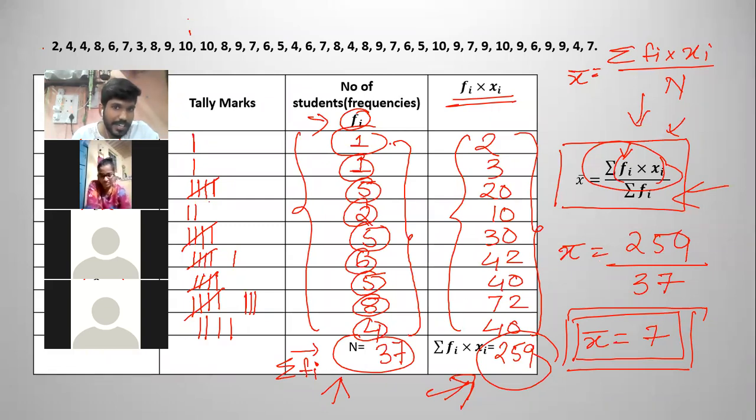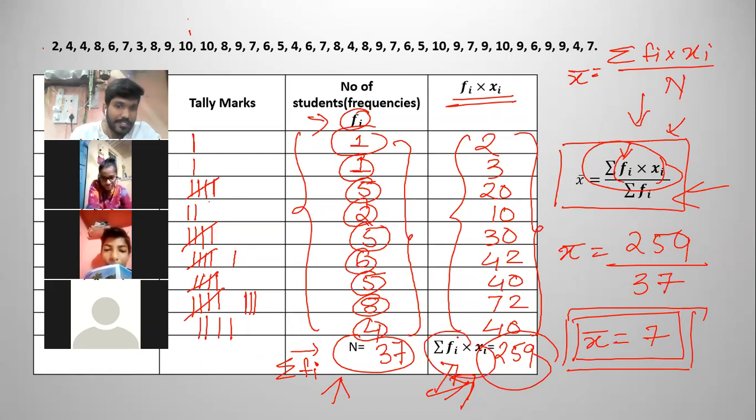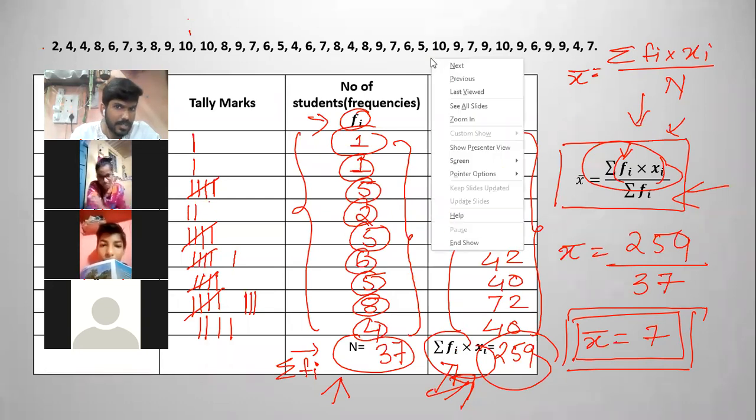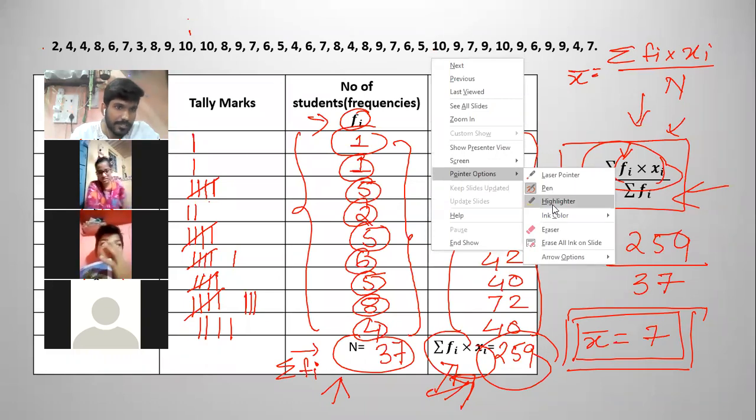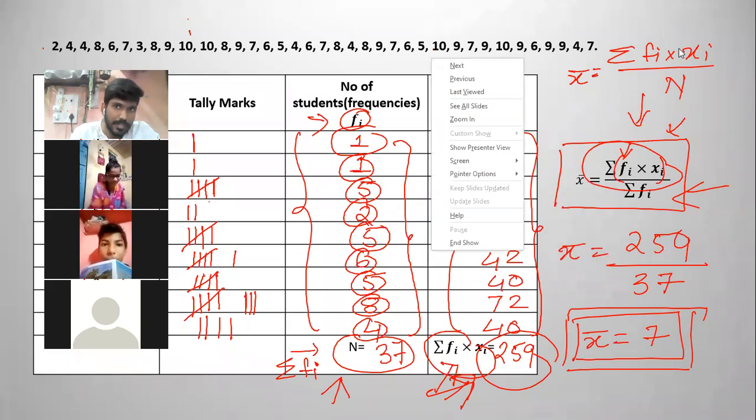This 37 we get after adding all the frequencies. So the formula says this last column, 259, divided by the sum of frequencies, that is 37. That is the formula. Clear now? Yes, sir. I'll stop here. We'll do the sum again, and sums like this we'll do more in our next class.